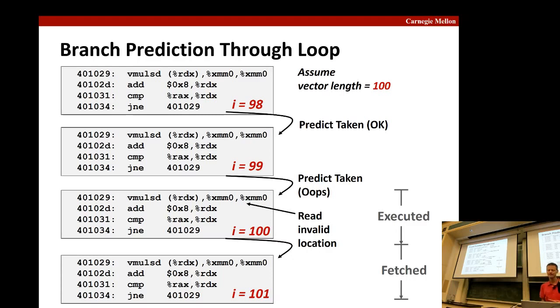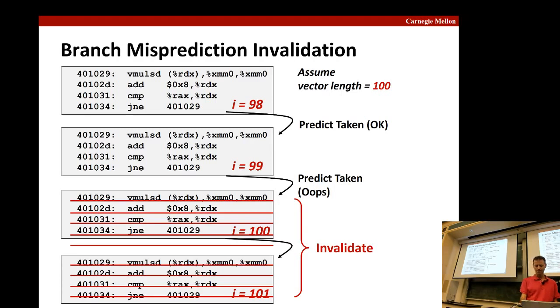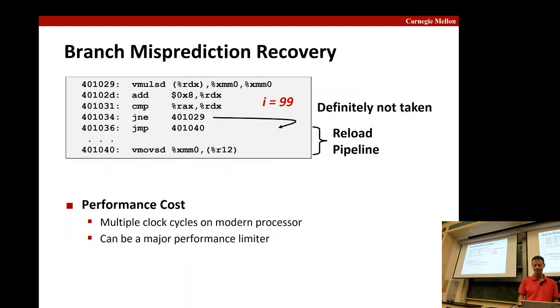So that's what they do. Okay. So by predicting that a loop will always continue to execute, then you're only wrong once, which is good. And so this is an example where you're correct, and eventually you're going to be wrong. And you're going to have to squash, invalidate all that code and squash its effects and restart. Okay?